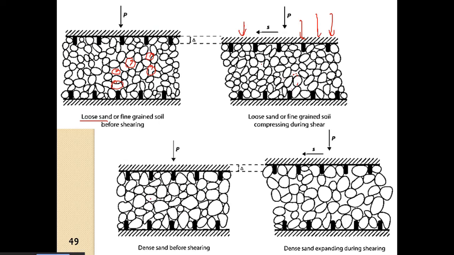In comparison to the dense sand, here we see there are fewer pore spaces, and as soon as it is sheared there is an increase in the volume and we can see the pore space increase. Of course, this is for the drained case.